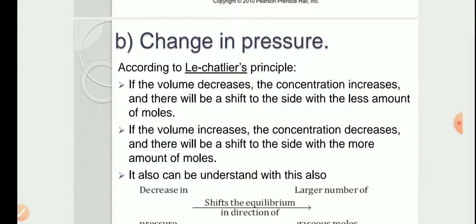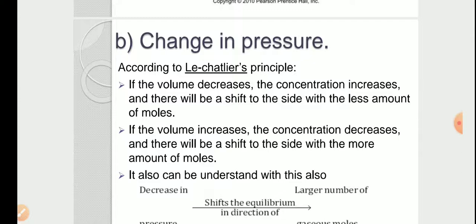So very simply, if I take the example of nitrogen and hydrogen forming ammonia.